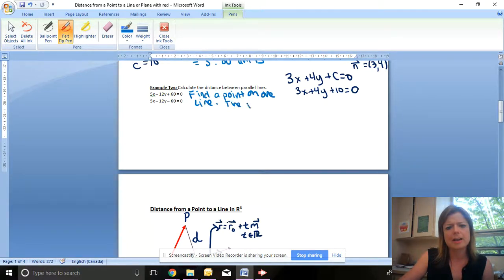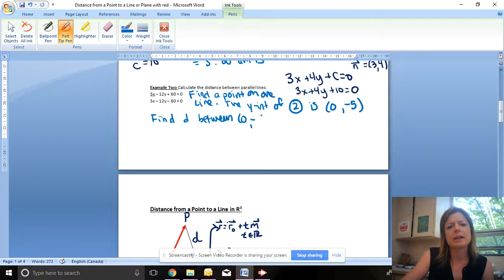So the y-intercept of equation 2, the second equation, is, if you put in 0, you get -5. So we're going to find the distance between (0, -5) and equation 1.